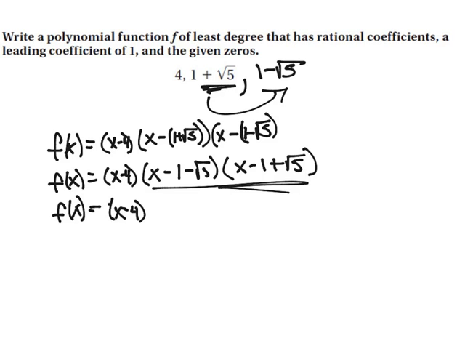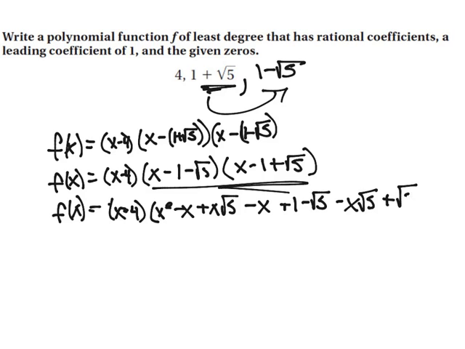X minus 4, and then you're going to get x squared minus x plus x square root of 5 minus x plus 1 plus square root of 5 minus square root of 5. And then minus x square root of 5 plus square root of 5 minus 5, because square root of 5 times square root of 5 is 5. And then all your square roots cancel.